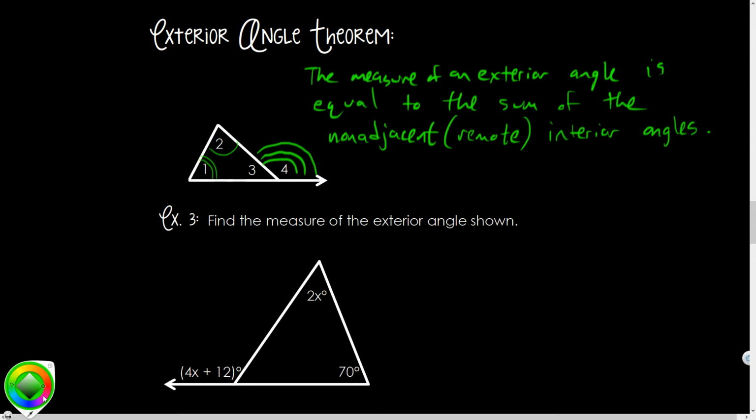So let's write an equation for that. I'm going to say measure of angle 1 plus the measure of angle 2 equals the who now? Measure of angle 4. These two added together are going to equal that one.